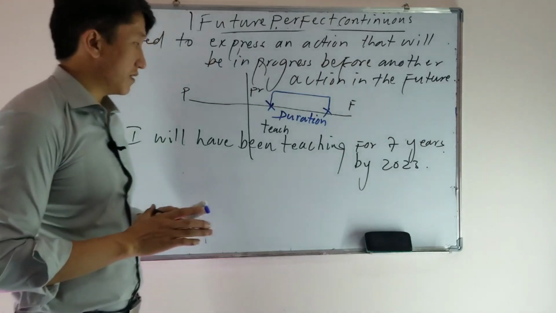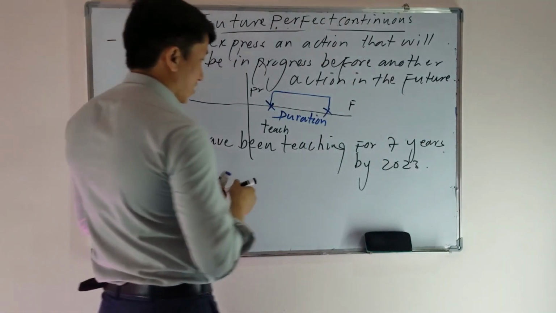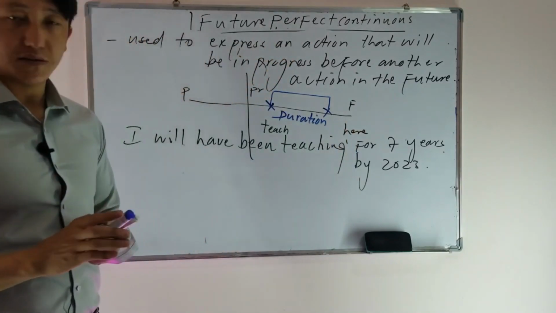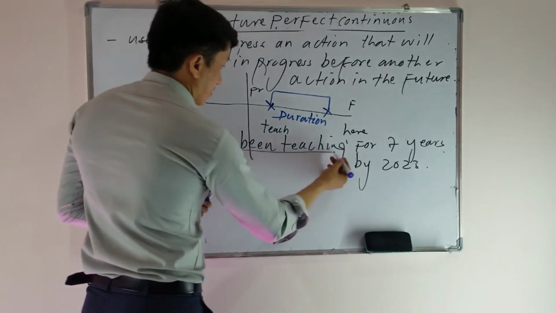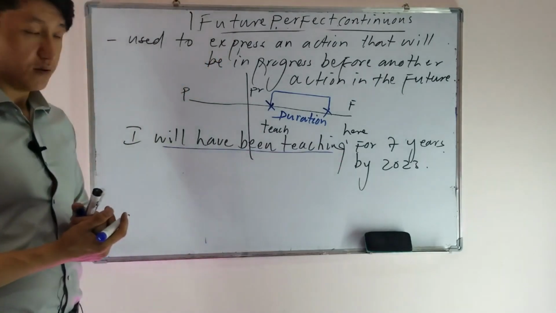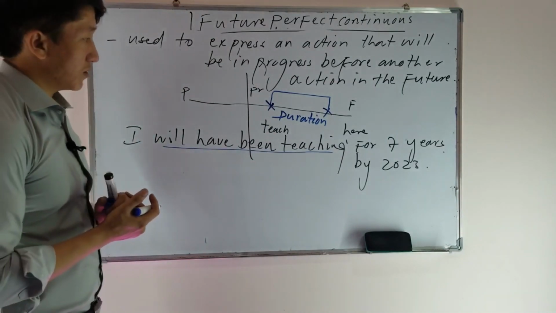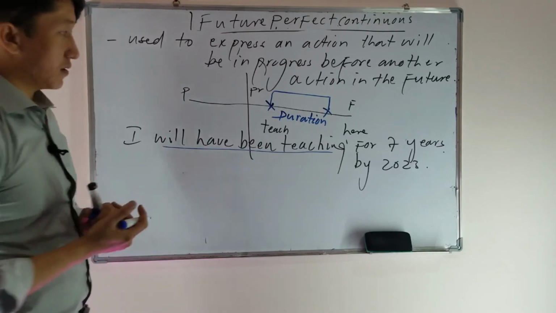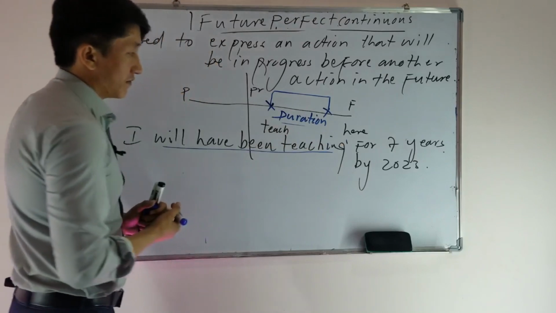Now, in this sentence, this action of teaching started in the past, continues now, and goes into the future. By 2023, it will be how many years? It will be, for example, 7 years. If I want to talk about the definition, I have to say what? Duration. I have to say future perfect continuous tense.